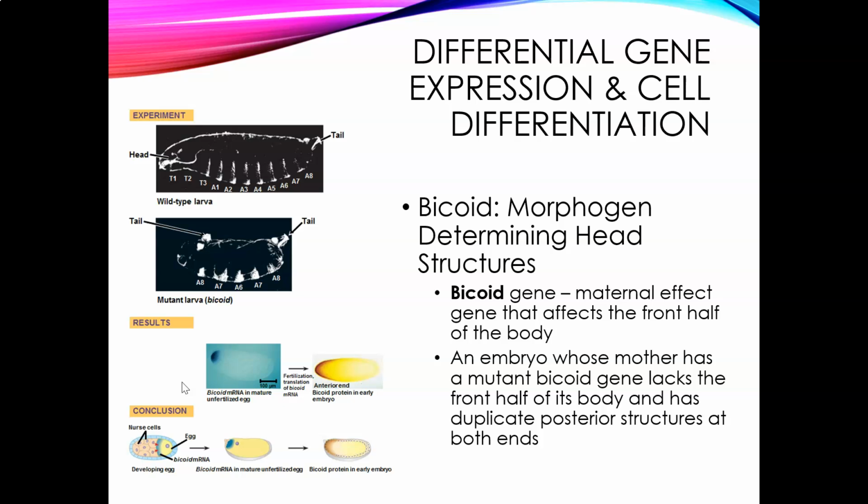So the bicoid gene is a good example of a maternal effect gene in the sense that this particular gene sets up a concentration of mRNA molecules, bicoid mRNAs, and they are there to distinguish head from tail.